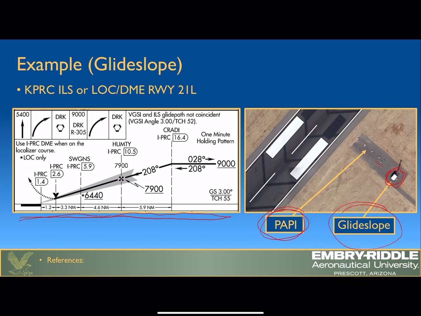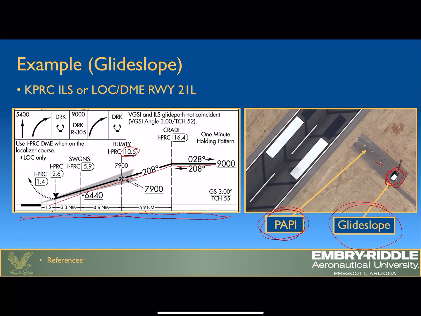So you'll notice that this is giving us the path that we would fly vertically down to the runway, and it shows us, at a certain point at Humpty, about 10.5 DME from the runway, we should start receiving our glide slope indication, and that glide slope will guide us down to our runway.